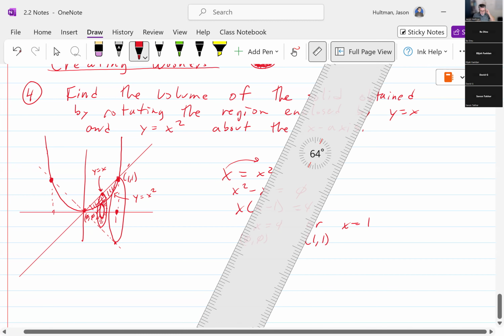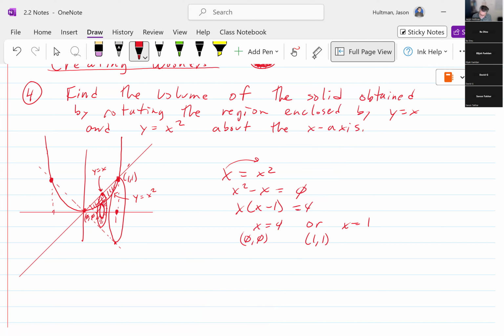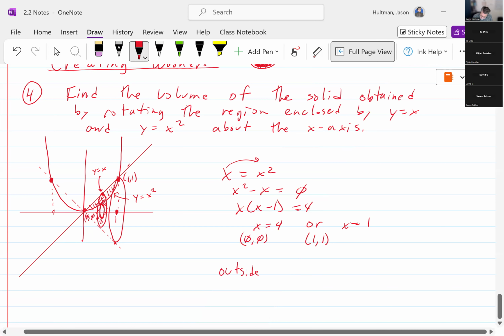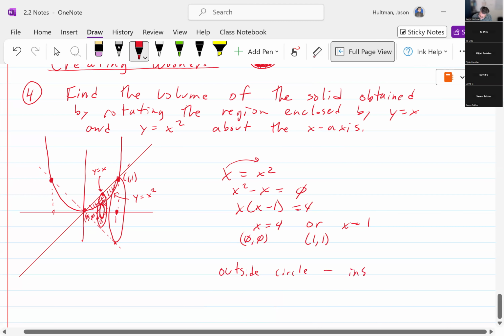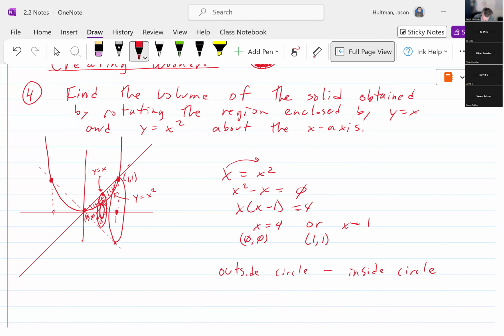So how am I going to find the area of the washer? How would I find the area of the outside circle minus the inside circle? That's going to create this washer here.